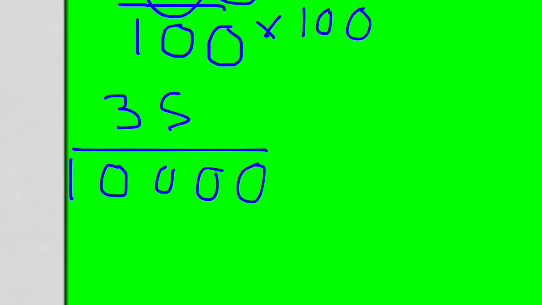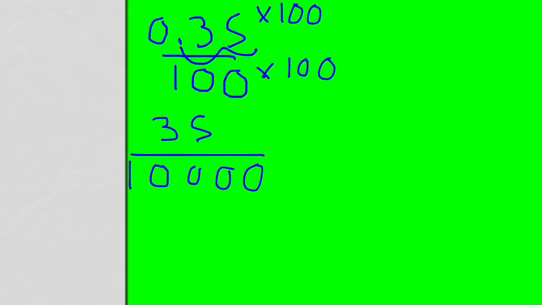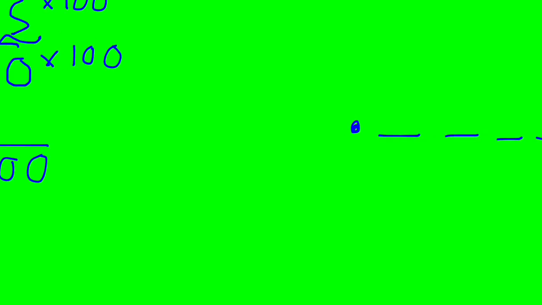Now, before we reduce this to lowest terms, look at the number of zeros on 10,000, right? Whenever we have the fraction out of 10, 100, 1,000, 10,000, then we can do the decimal. There's going to be 4 decimal spots. 1, 2, 3, 4. And we need to have 35 10,000ths.